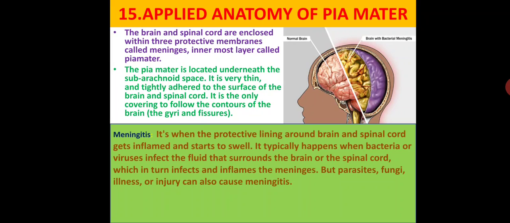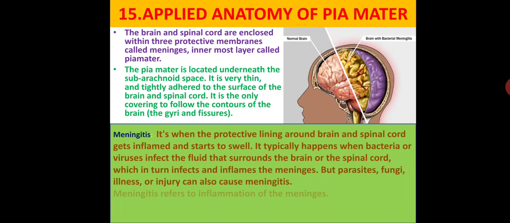It is when the protective lining around the brain and spinal cord gets inflamed and starts to swell, and it usually happens when bacteria or virus infect the fluid that surrounds the brain or spinal cord, which in turn inflames the meninges.